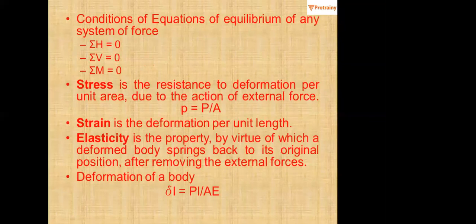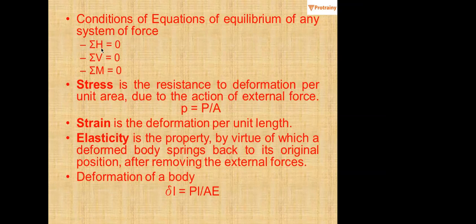Then after that, again in basic mechanics, the conditions of equations of equilibrium of any system of forces. If a particular body or structure is stable, that means it is satisfying these three equations: summation of H is equal to 0, summation of V is equal to 0, summation of M is equal to 0, if we are talking about a two-dimensional assembly.